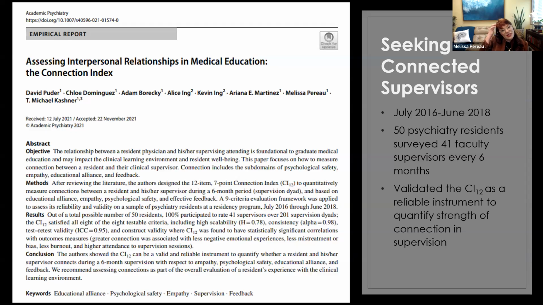All right, so this is our publication that just came out in November 2021 in Academic Psychiatry. Basically, in 2016, the larger institution was concerned about resident burnout as this became something that was more understood within the field of medicine.